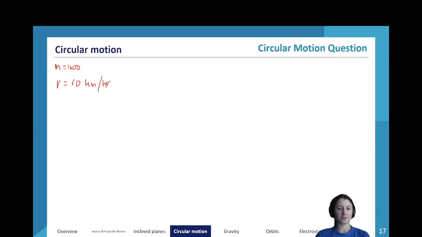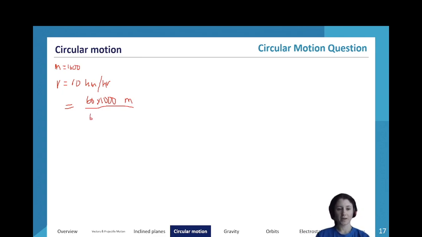So what we need to do first is convert this into meters per second. So 60 kilometers is how many meters? Well, we're going to multiply it by 1,000, and that will give us 60,000 meters. Now we have hours down here, but we want it to be in seconds. So how can we convert hours into seconds?